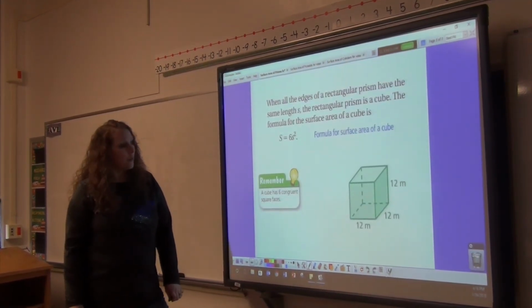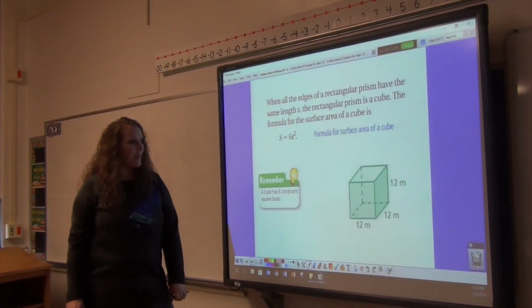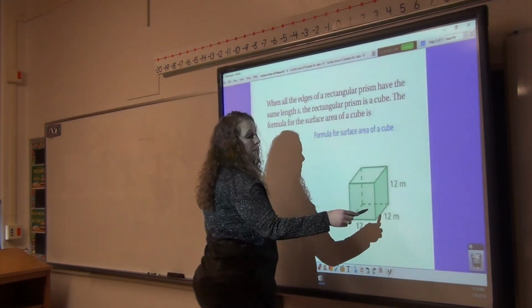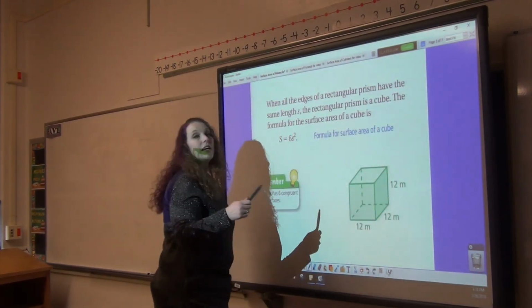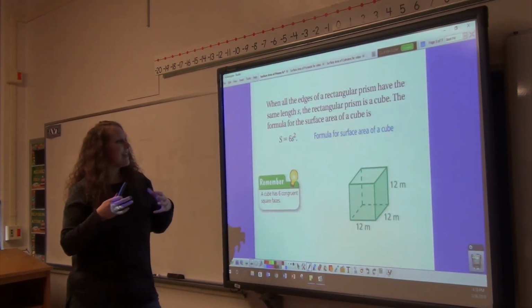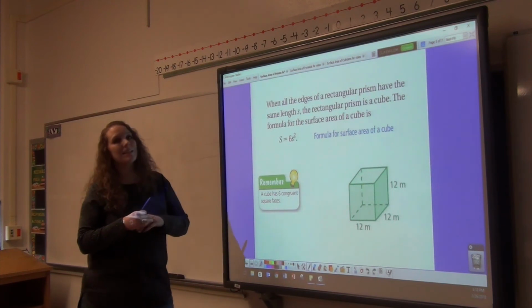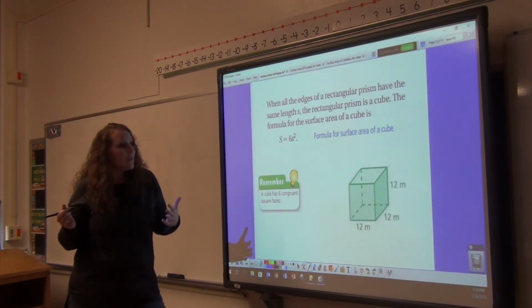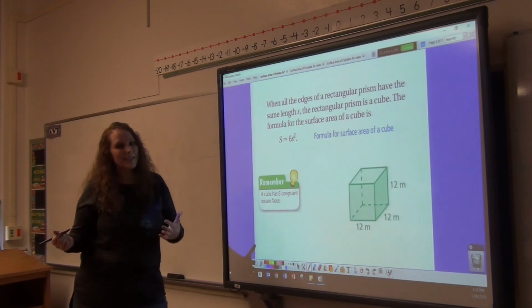All right, when your rectangular prism has the same length, width, and height, it's actually a cube, kind of like a die, right? It is exactly square, so it has 6 congruent surfaces. So really what you need to do is find one surface and multiply by 6.